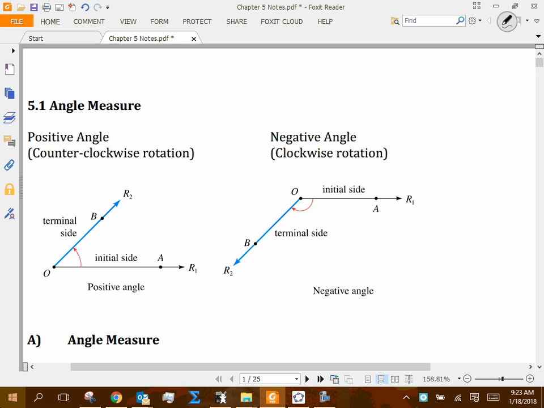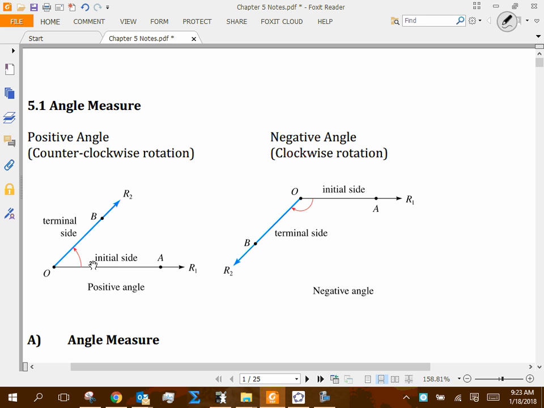Okay. If we're thinking about putting this thing in the coordinate plane. Just some terminology here. This ray OA, that is what we call our initial side, and the idea is we like to think about angles as being dynamic, and we're able to move them and adjust them. So I'm going to show you this with GeoGebra in a moment.